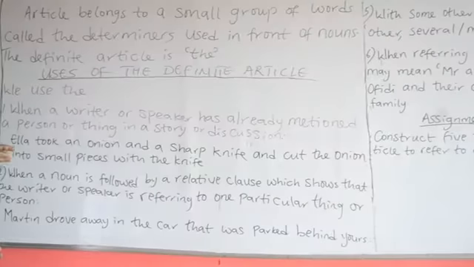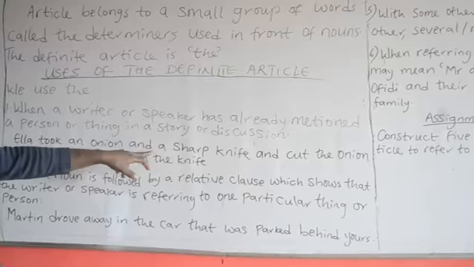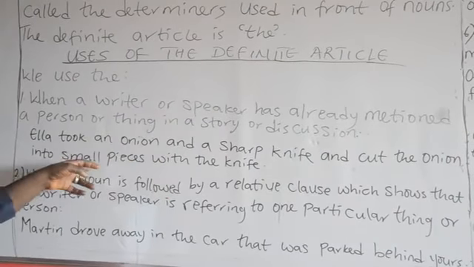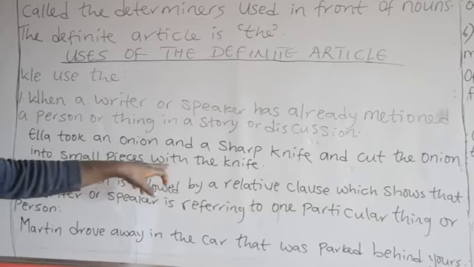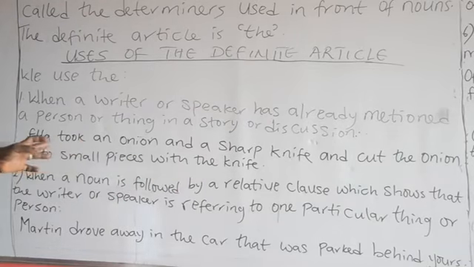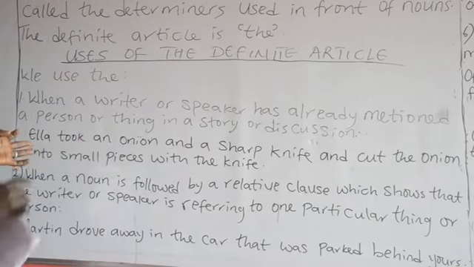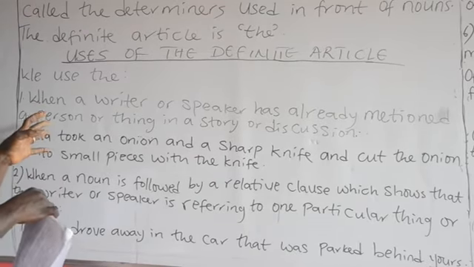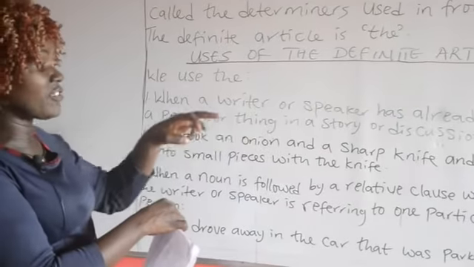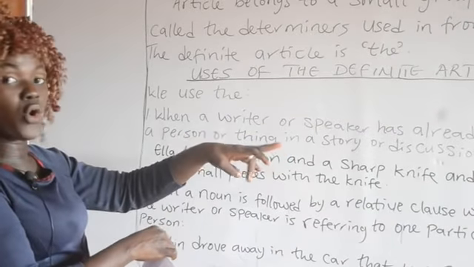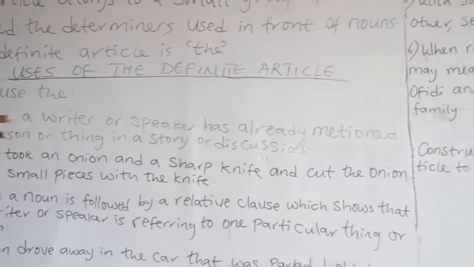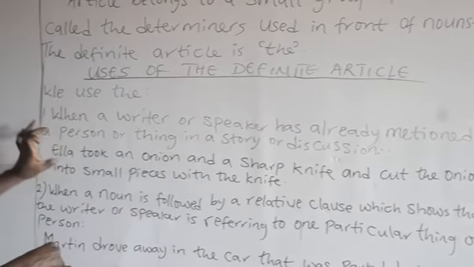For example, I said Ella took an onion and a sharp knife and cut the onion into small pieces with the knife. You see, we have discussed the onion before, and a knife. So we use the article the to refer to the onion because the onion has been discussed before in the same sentence.